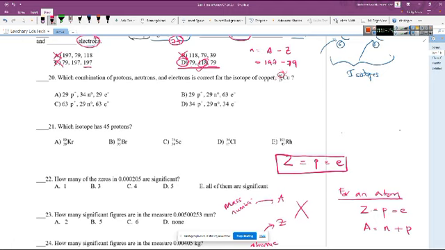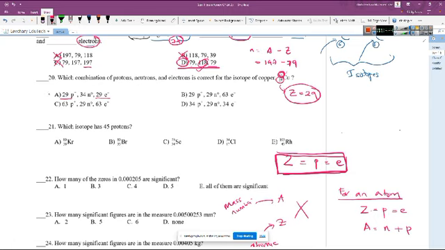This is the mass number: 63 is the mass number and 29 is the atomic number Z. So Z is equal to 29. We have a relationship: Z is equal to P is equal to E. Since the atomic number is 29, the number of protons and the number of electrons also should be 29. Did you understand that now?